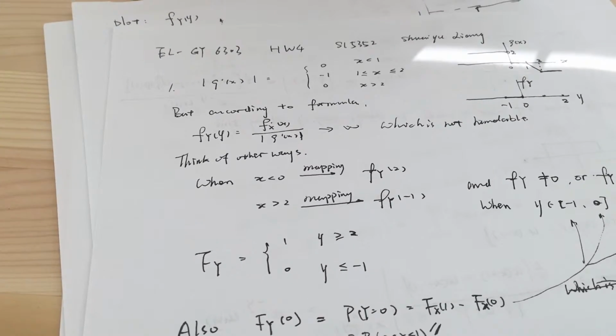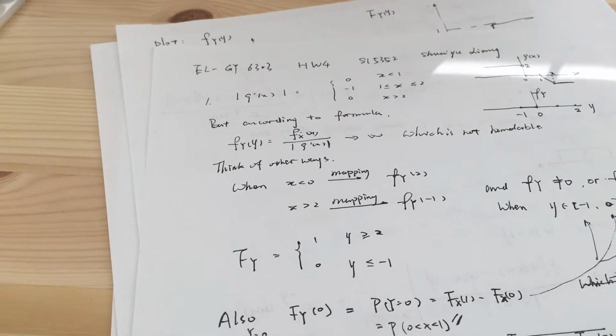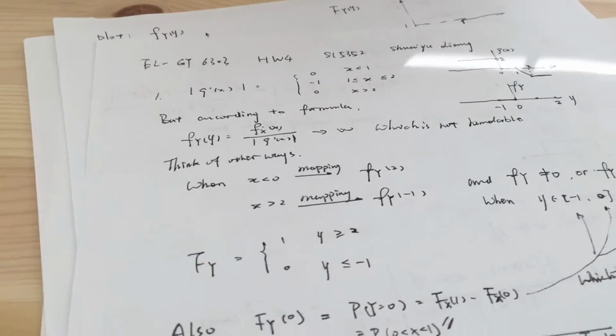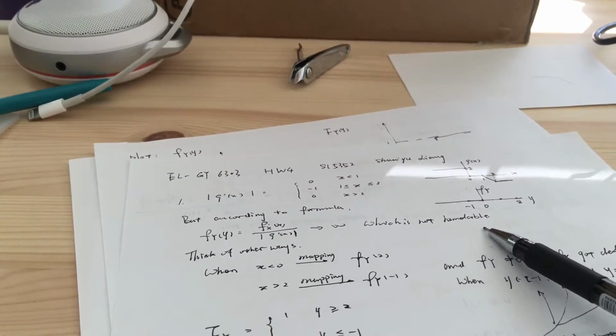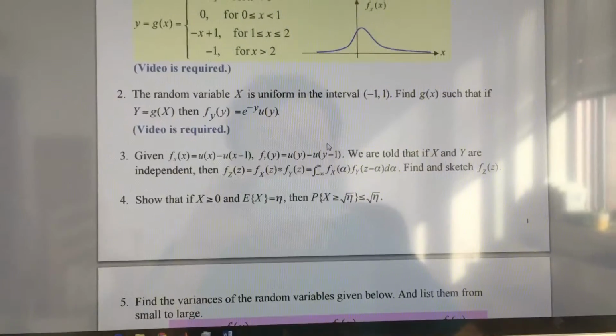But you can see that if we use the formula where g'(x) equals 0, then f_Y(y) goes almost to infinity, which is not handleable here. So we find that g(x) is not continuous, it has a singularity point.